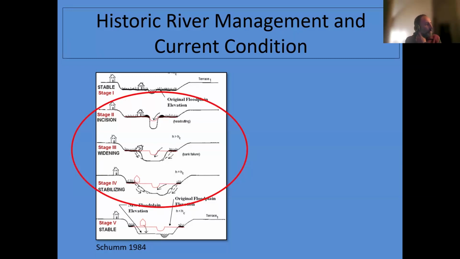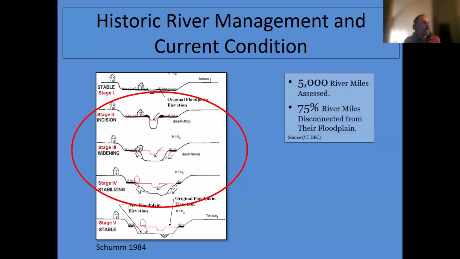So the Vermont DEC did on-the-ground assessment of about 5,000 river miles, and found that 75% of those assessed miles are disconnected from their floodplain. They're in these stages 2 through 4. So they don't have a way to dissipate energy associated with really high flow events, right?